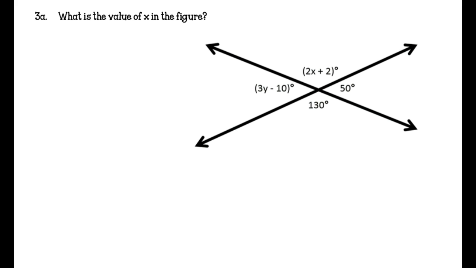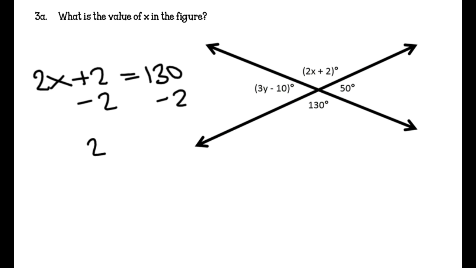3A, what is the value of x in the figure? Because of vertical angles, I know that 2x plus 2 is equal to 130, because all vertical angles are congruent. Then I subtract 2 from both sides and I get 2x equals 128.